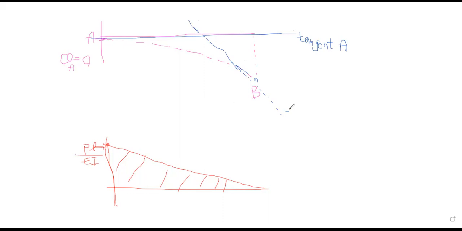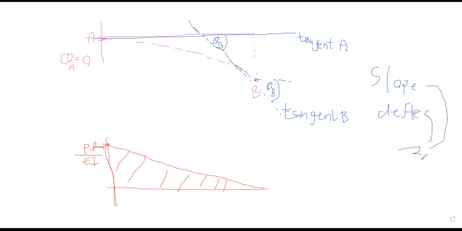It's tangent at B, right? So this is, I will call theta B. So the first theorem tells you, so you need to find slope, that means theta, and deflection at B, right?